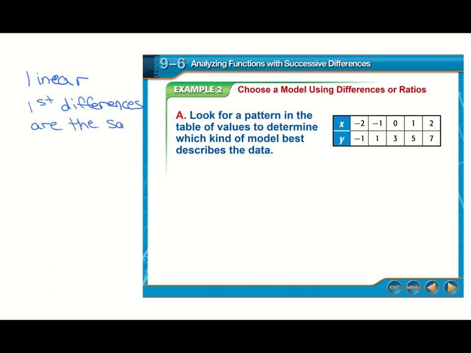I'll show you what that means in a second. If it's quadratic, the second differences are the same.